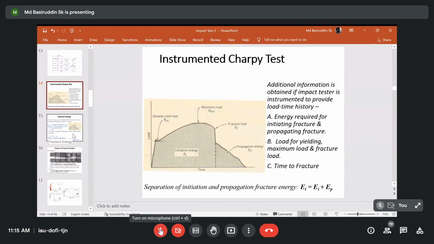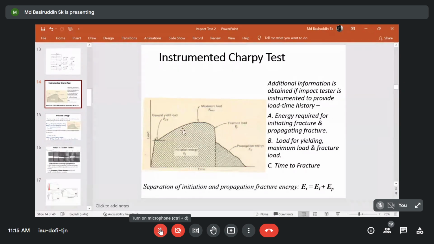That is why I keep saying why temperature is important. So here, this particular test, we can think that it has been carried out at room temperature. That is why we are getting this sort of load versus time variation. Whatever Charpy impact energy, the total energy we are getting, we can divide this total energy into the initiation energy, where most of the plastic deformation is associated, and the propagation energy, where the residual length is there.